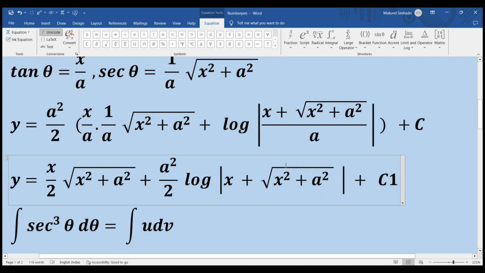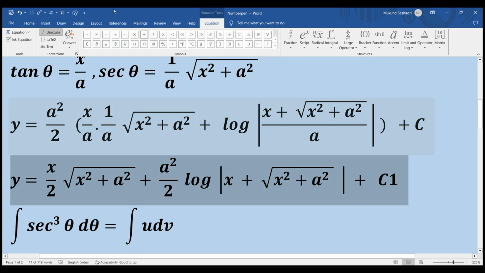So the log of x plus square root of x square plus a square by a is nothing but log of x plus square root of x square plus a square minus log of a, and that log a also being a constant, we combine it with c, right? So that's why we are now in a position to express our final answer as x by 2 times square root of x square plus a square plus a square by 2 times log of mod of x plus square root of x square plus a square plus c1, right?